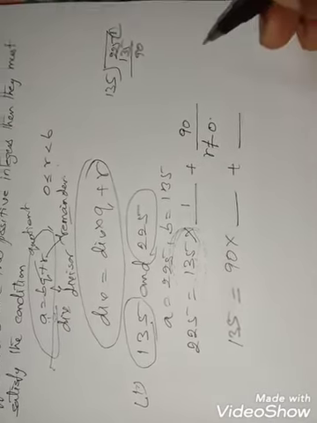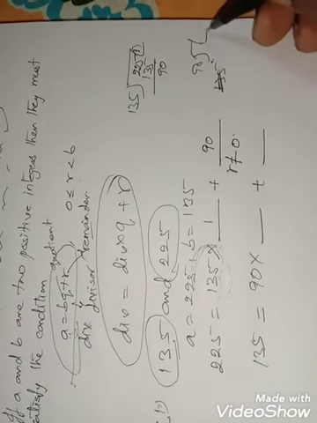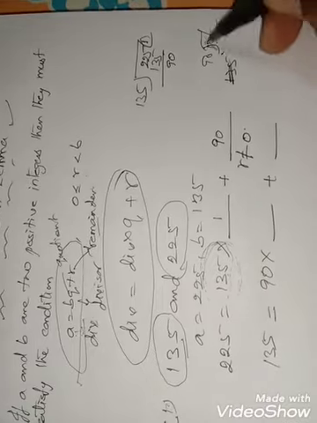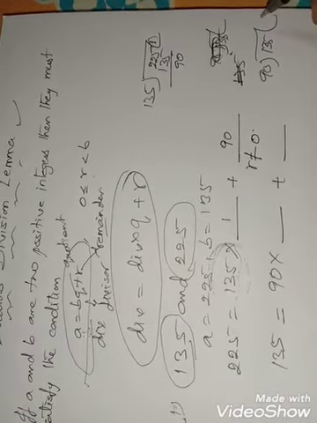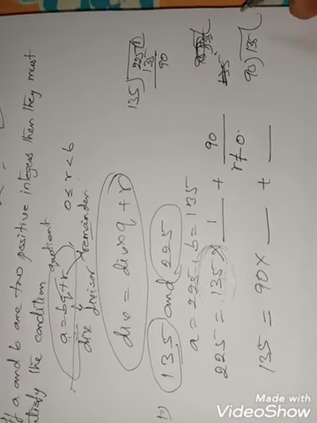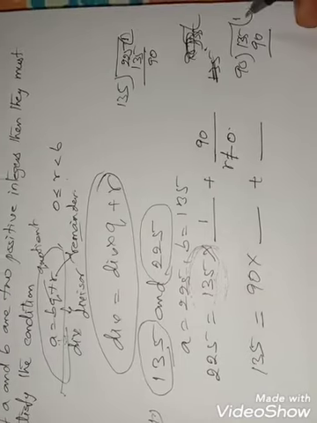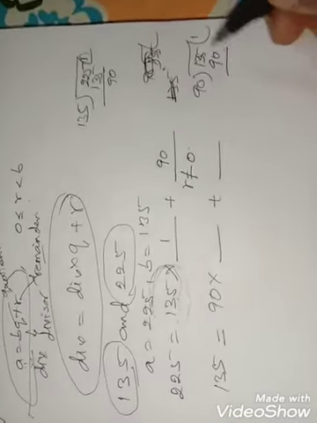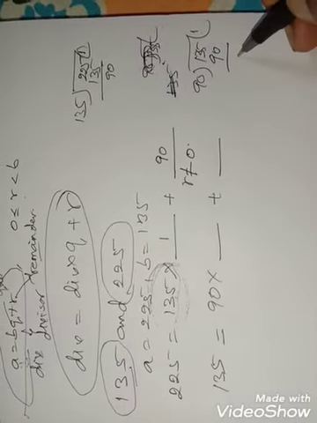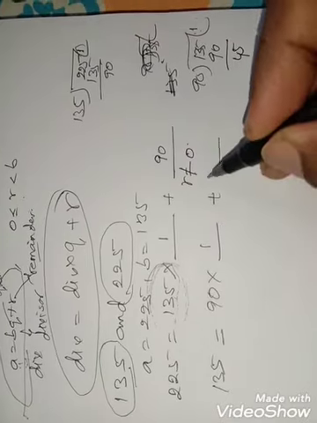Now divide 135 by 90. If I multiply 90 by 2, we get 180, which is bigger than 135, so I can take 1. The balance is 45. So my quotient is 1 and the remainder is 45.